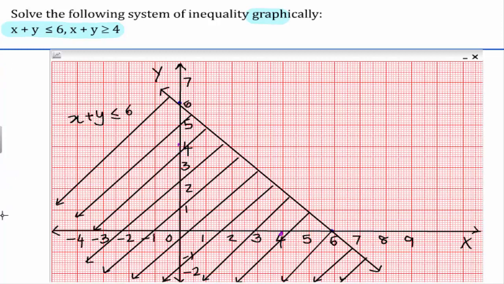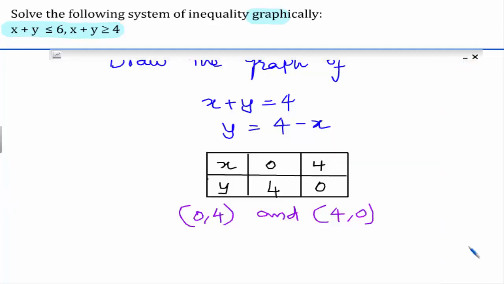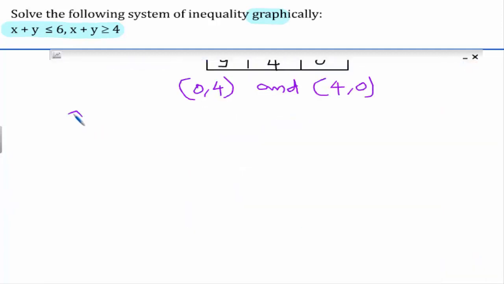Let us select the line. Here is the line. Now let us select the region by substituting the origin.